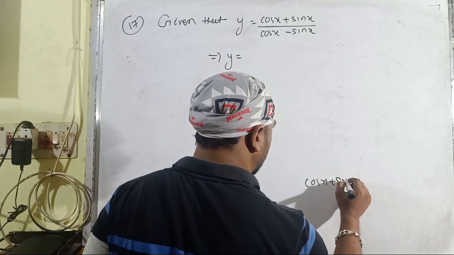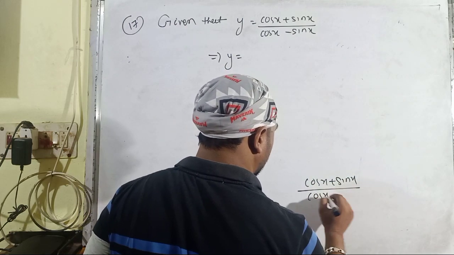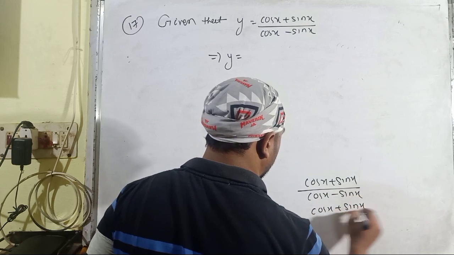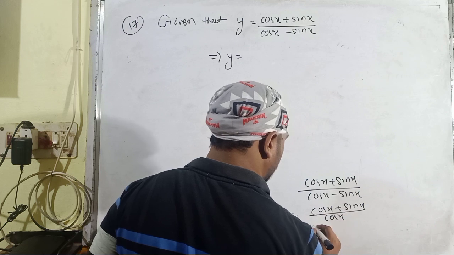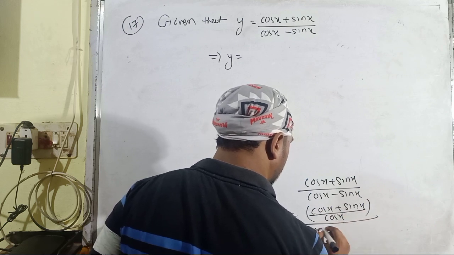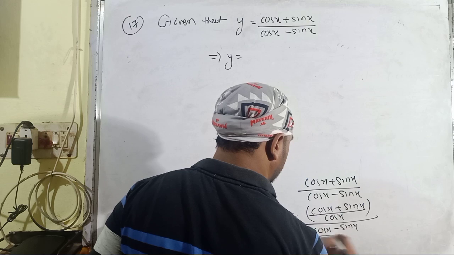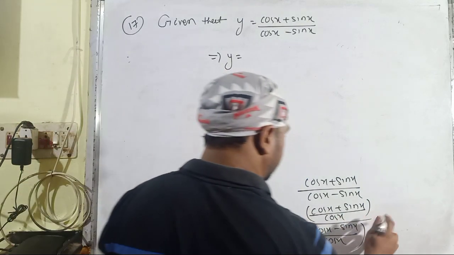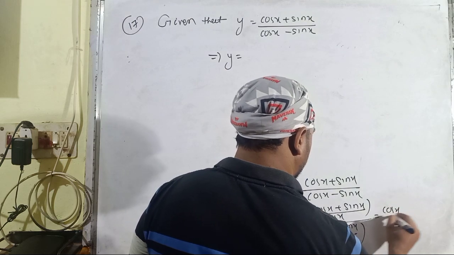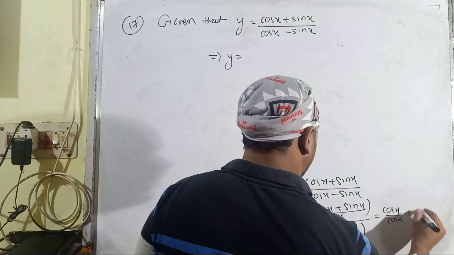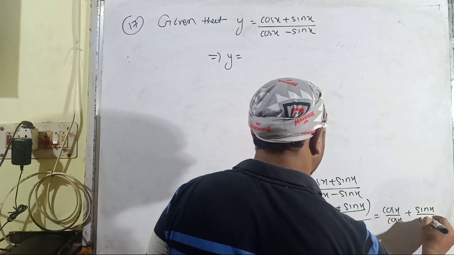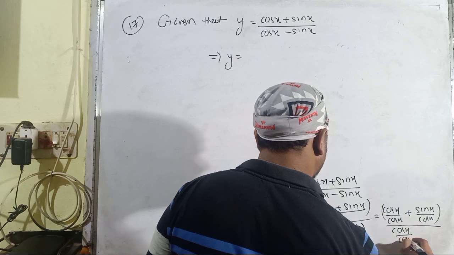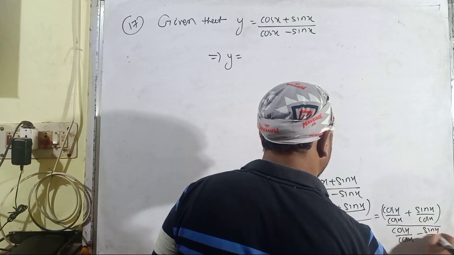Dividing both numerator and denominator by cos x, it will be cos x divided by cos x plus sin x divided by cos x, divided by cos x divided by cos x minus sin x divided by cos x.